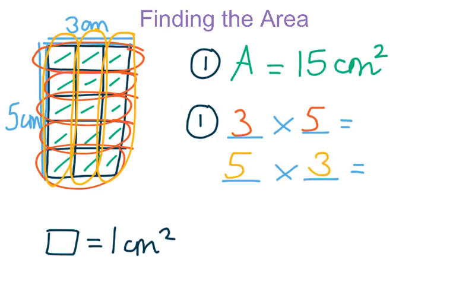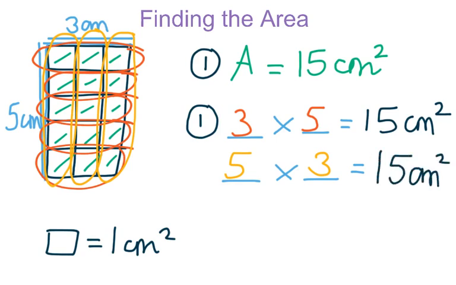Now, it doesn't matter which way around we multiply those numbers, we should get 15 as our answer both times. So in the 3 times table, 5 times 3, 3 times 5, 3, 6, 9, 12, 15. Or if I'm in the 5 times table, 5, 10, 15.